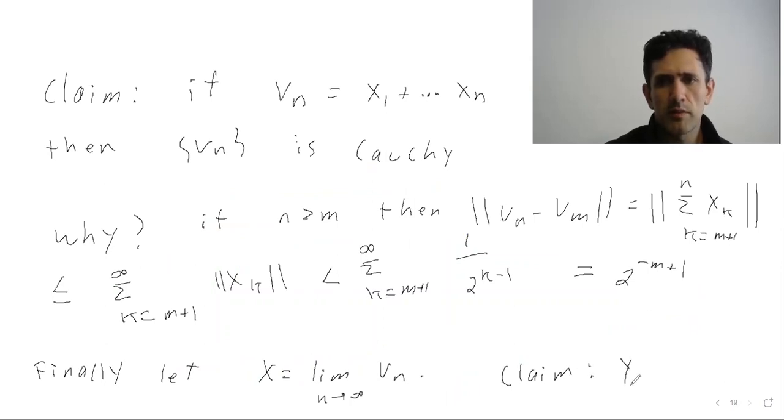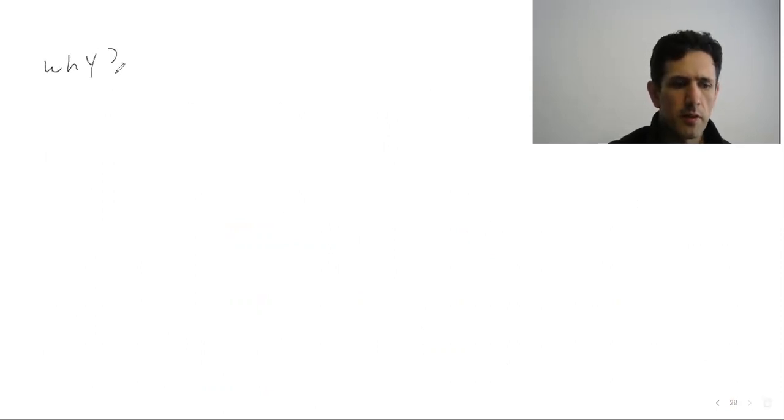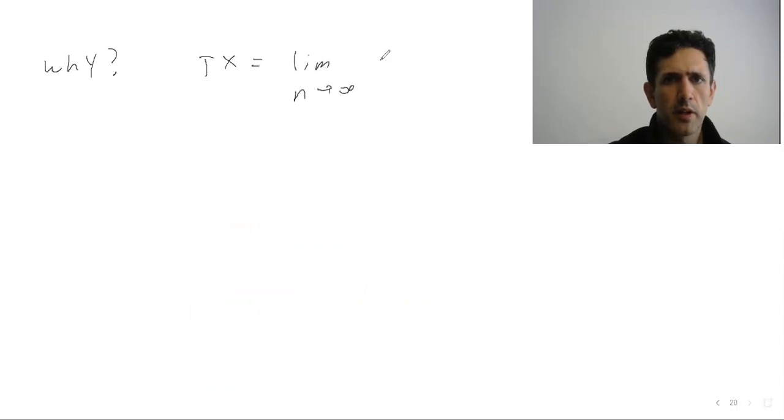Well, let's just write that easy proof down. T of x, by continuity, is the limit of T of x_n.